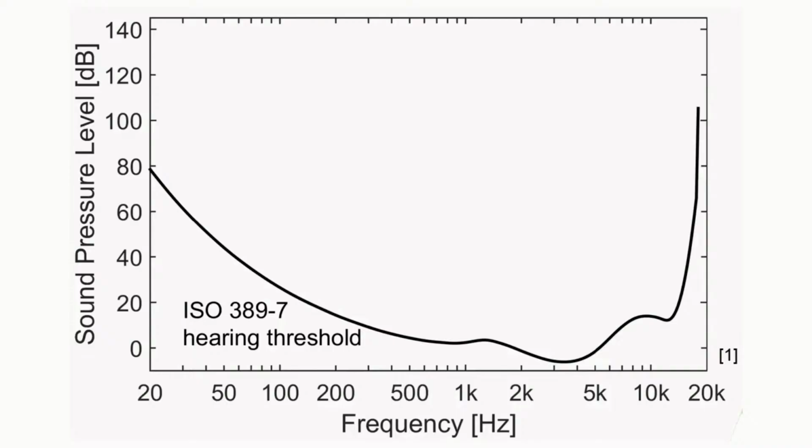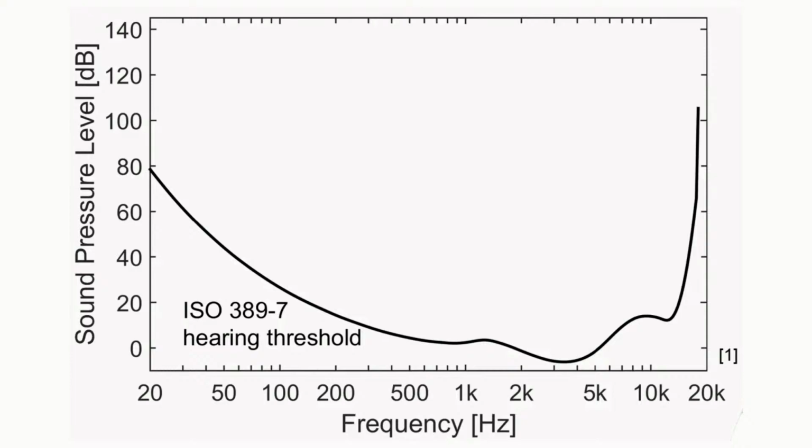First, I want to show you this graph that describes the threshold of hearing across the frequency spectrum. It's important that we understand what this graph is trying to tell us. On the x-axis, we see the range of human hearing in hertz. It ranges from 20 hertz to 20 kilohertz. The y-axis shows sound pressure level from 0 dB to 140 dB SPL.